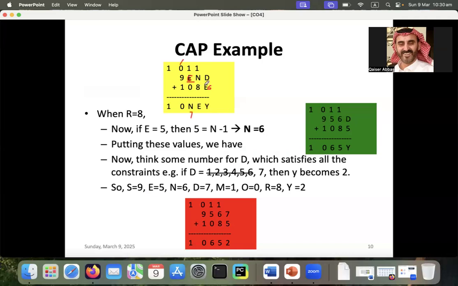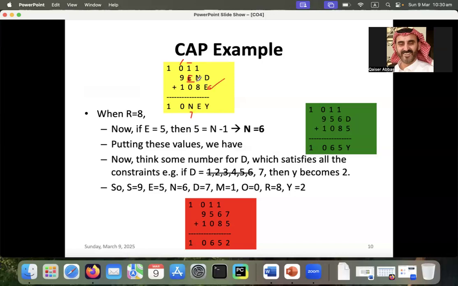And then here, 6 plus 1, 7, and the carry is 0, up to this column, okay, it means we are going to take the value 6. And then I will replace this E also with 6.